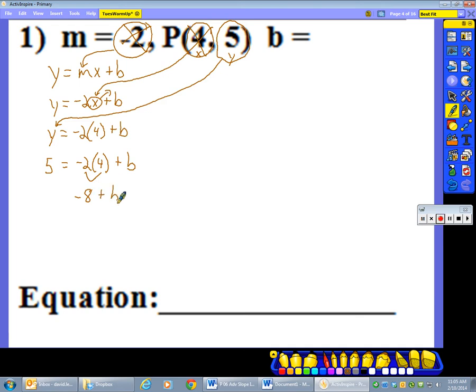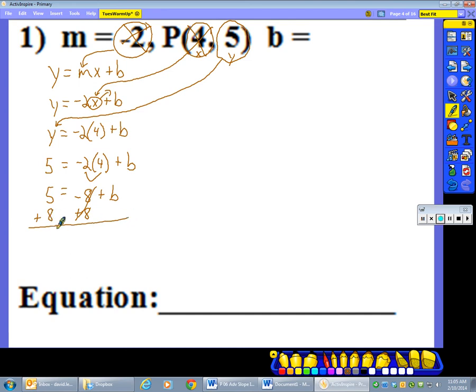And don't forget your plus b, and over here we still have 5 all by himself. We're trying to get b all by itself, so we're solving for b. We're going to use the inverse operation to get rid of this -8. Well, the opposite of a -8 is a +8. So I add 8 there, and I'm going to add 8 over here.